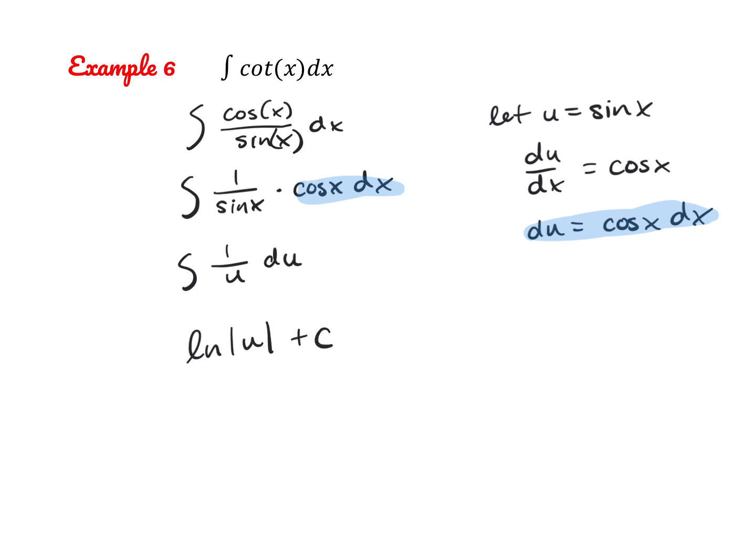The reason I added the absolute values is that we don't know if u is positive or negative, and you can't take the natural log of a negative number. So we put these on to ensure that whatever this value is, it's positive. And then we substitute our u value back in: the natural log of the absolute value of sine of x plus c.